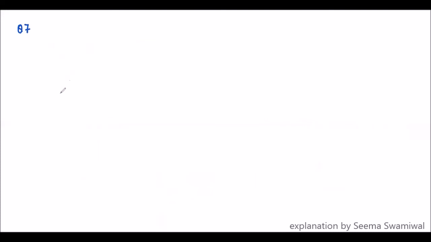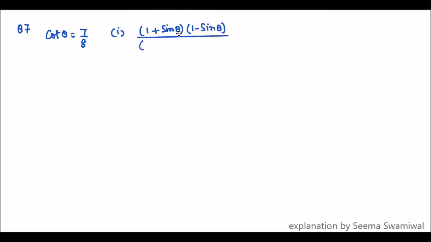In question number 7, we are given that cot theta is equal to 7 by 8, and he wants us to calculate the value of (1 plus sine theta) into (1 minus sine theta) upon (1 plus cos theta) into (1 minus cos theta).